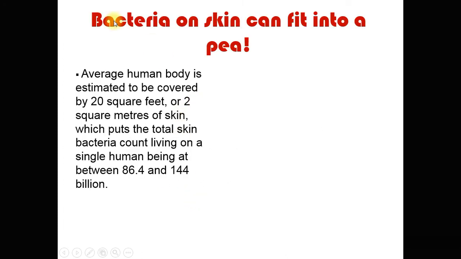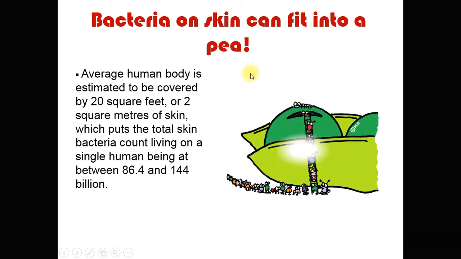Now consider how many bacteria are present on the skin. The average human body is estimated to have 20 square feet or 2 square meters of skin. And the number of microorganisms which form the NMF of the skin is somewhere between 86.4 and 144 billion.